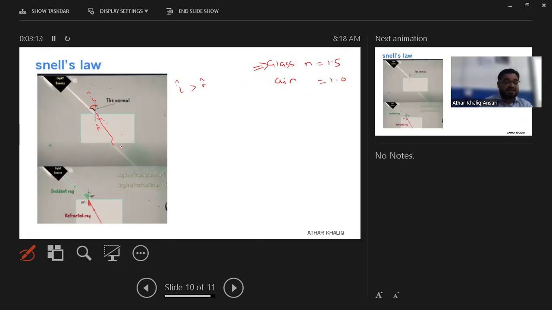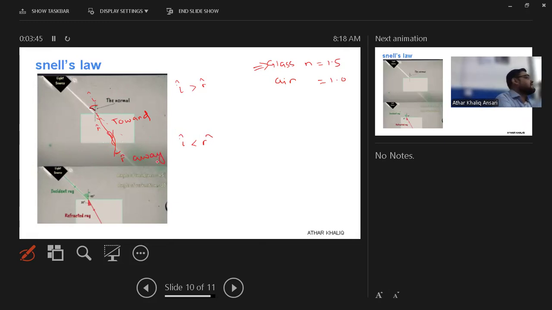But if the same light is getting out of the glass, this one is the normal, and the angle of refraction is greater. So the angle of incidence is less than the angle of refraction when light is leaving the glass. Because it goes from more refractive index to less, it will bend away. So this one is bent toward the normal, and this one is bent away from the normal.